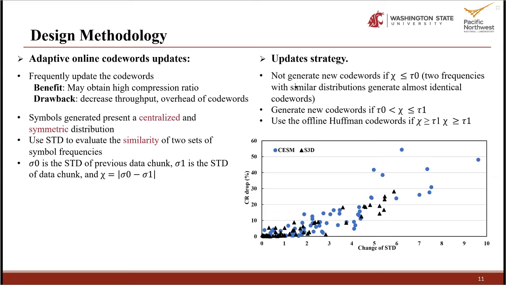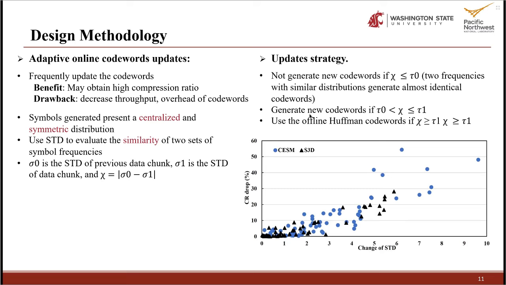Firstly, we will not generate new codewords if C is less than tau 0, because when 2 frequencies have a similar distribution, the generated codewords are almost identical.